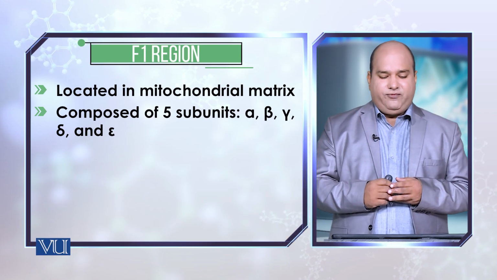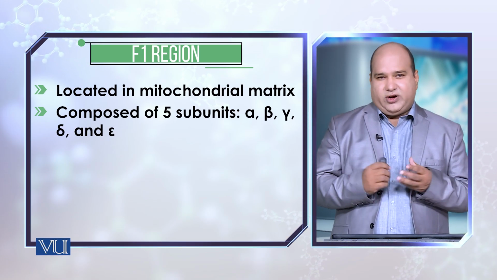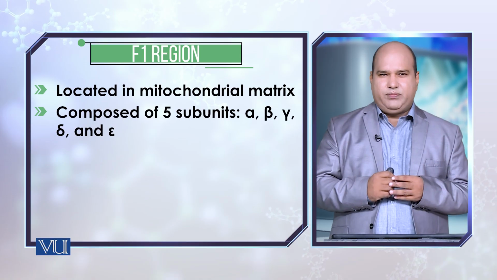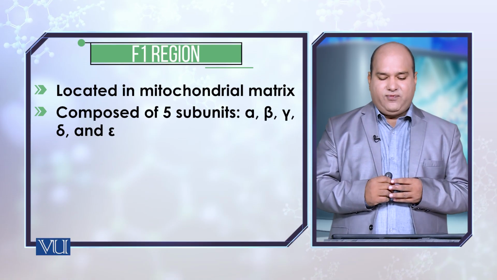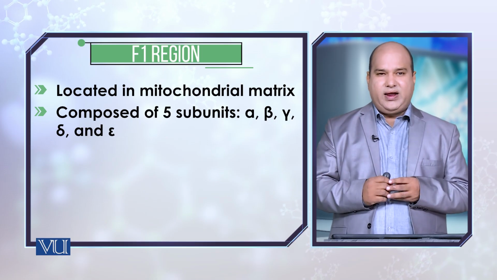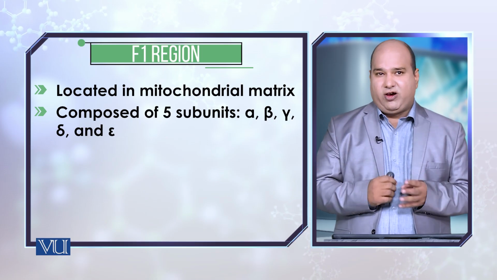The F1 subunit is a little bit more complicated. It is composed of 5 subunits: alpha, beta, gamma, delta and epsilon.